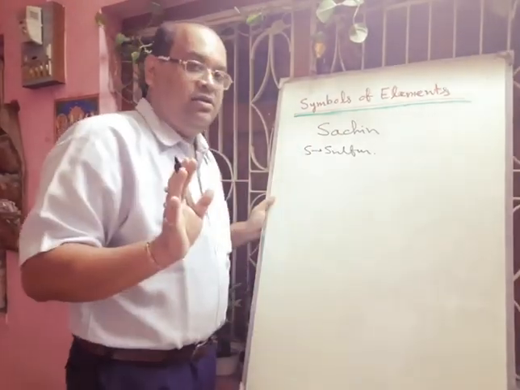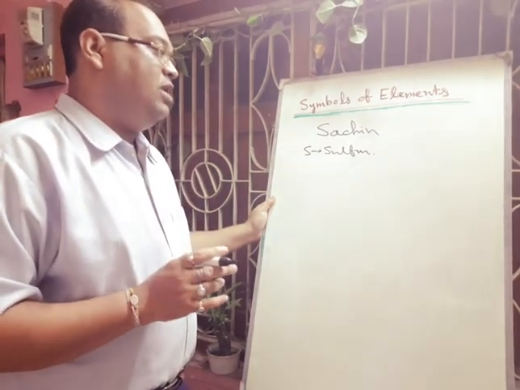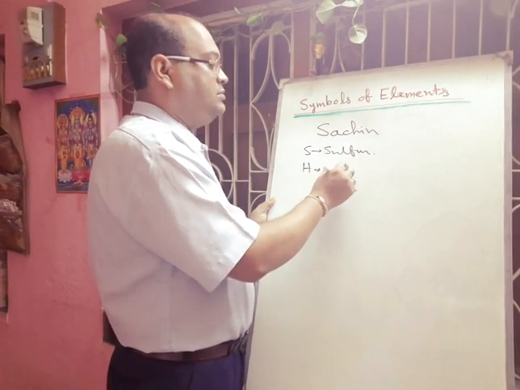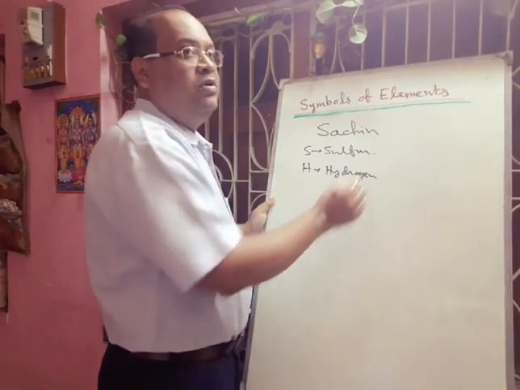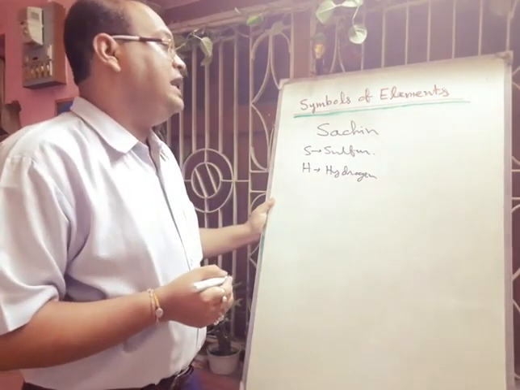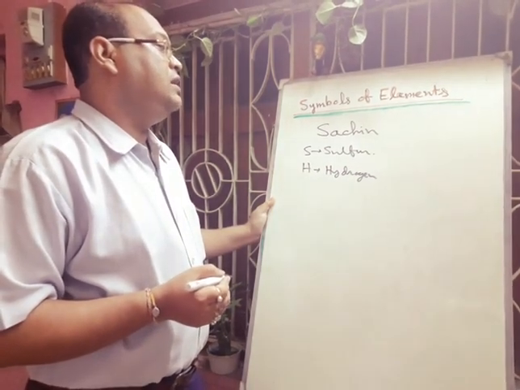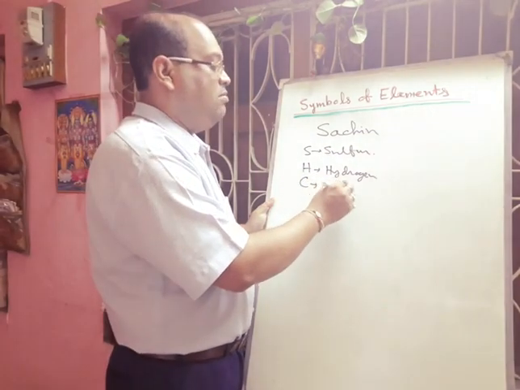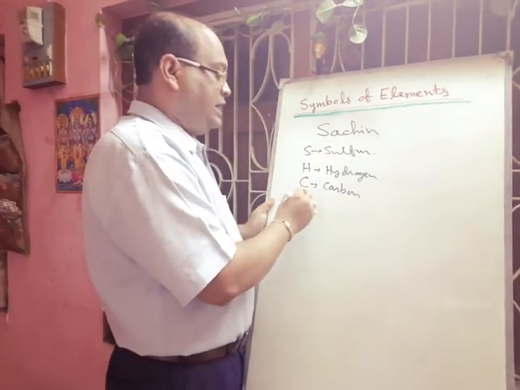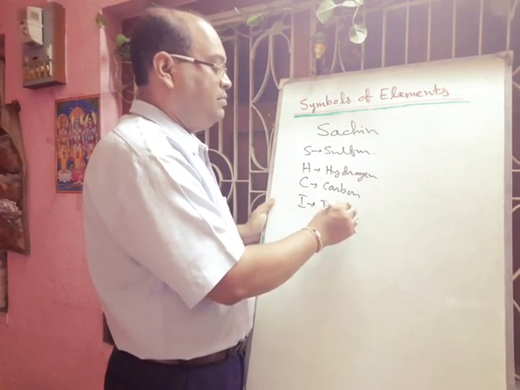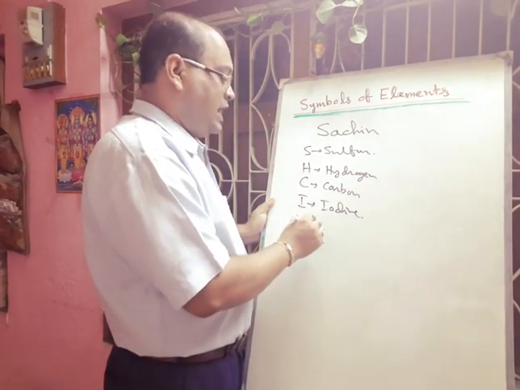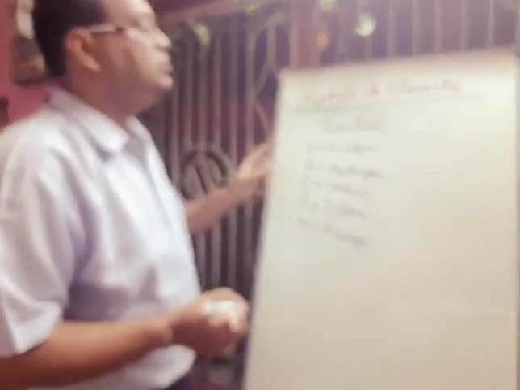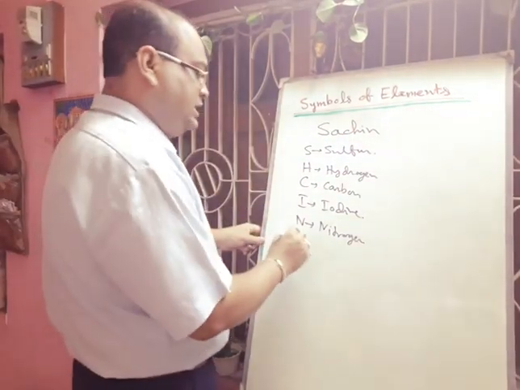Next, A is not representing any symbol, but H is there, H is hydrogen. Next, C is there, C indicates carbon, I indicates iodine, N indicates nitrogen. Then you take two letters, like N and A, which indicates sodium.